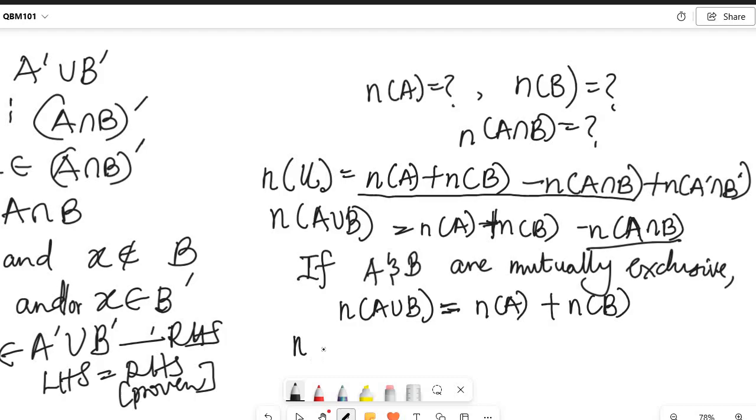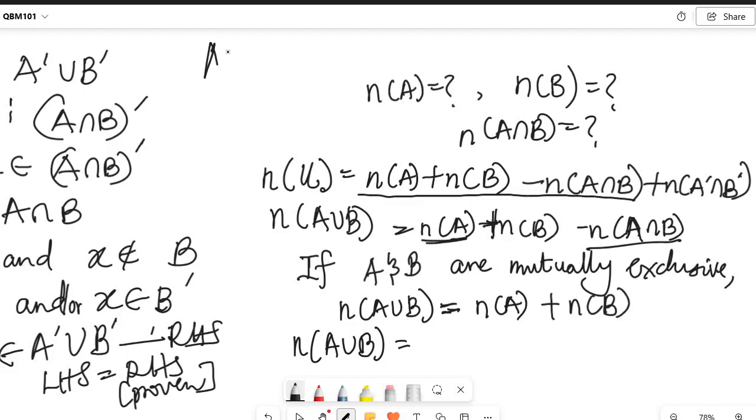Now let's look at some other ones. Let's look at n of A union B again in another form. Now let's assume that I don't want to go through this route of taking the individual ones. What if I want to look at the cardinality of just A alone?